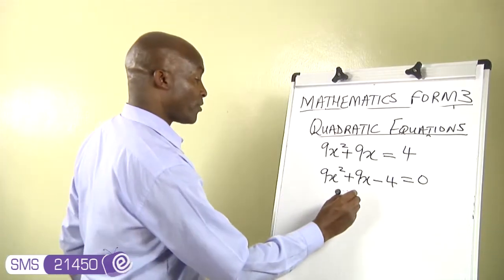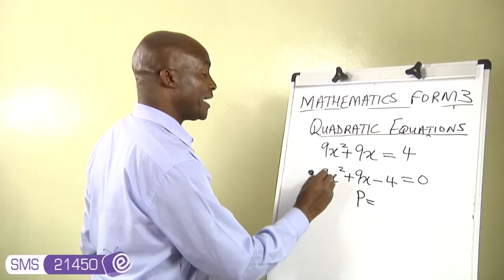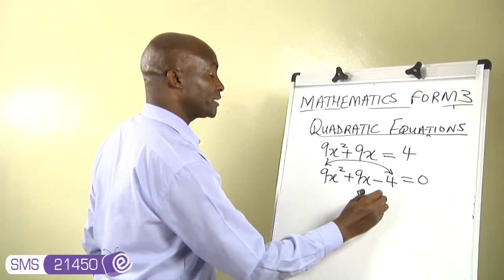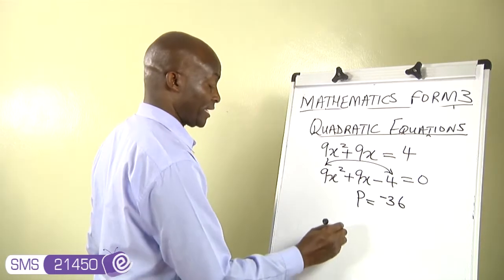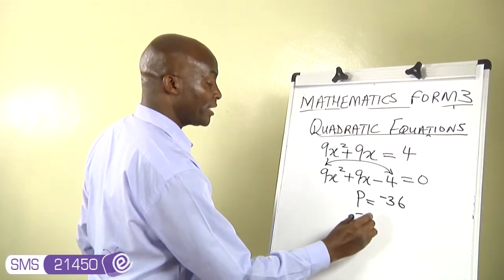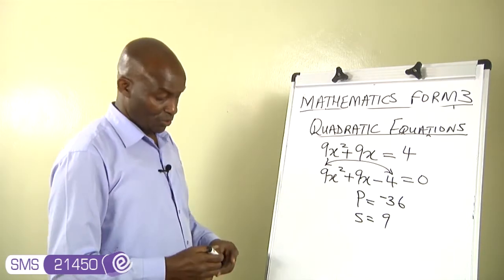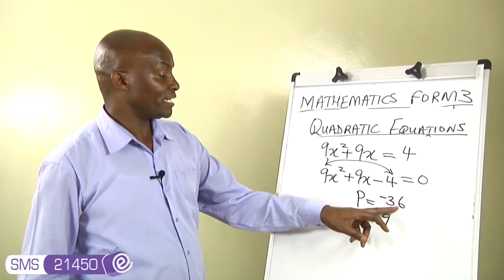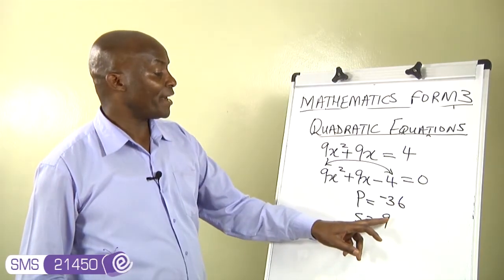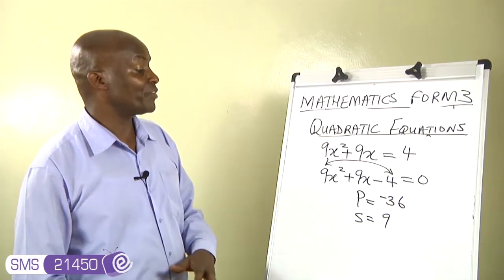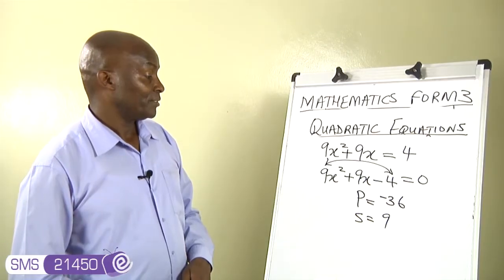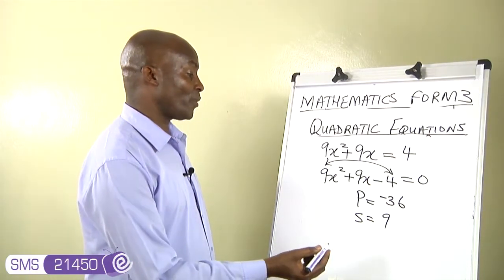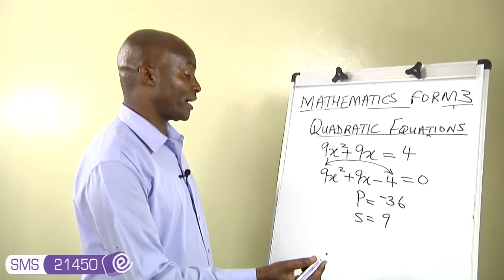Now let's see whether we can solve this by factor method. So we say product is 9 times negative 4, which comes to negative 36. And then sum is equal to 9. So we've got to look for factors of negative 36 which when added will give us positive 9. If we say 12 and negative 3, that will work, isn't it?